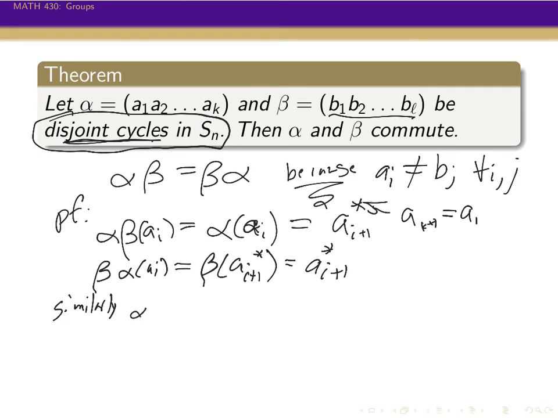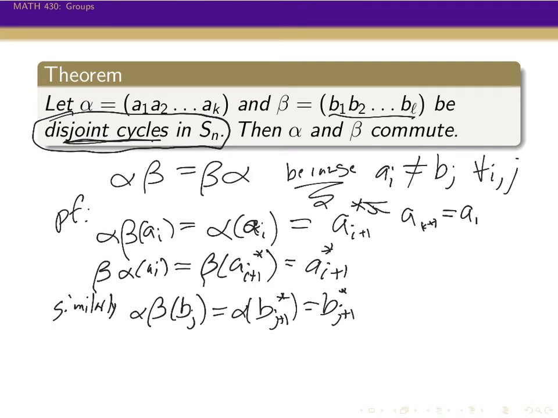if we did alpha beta on one of the b_j's, well, we get alpha being applied to b_{j+1}*, and b_{j+1} doesn't appear anywhere inside alpha, and so this is just b_{j+1}, which might possibly just be b_1.